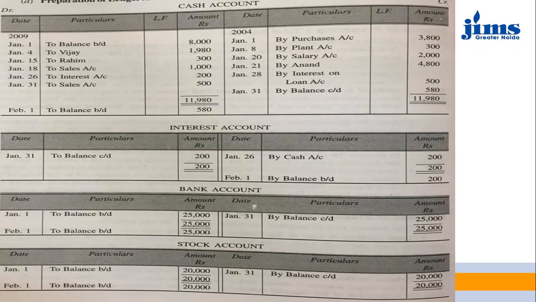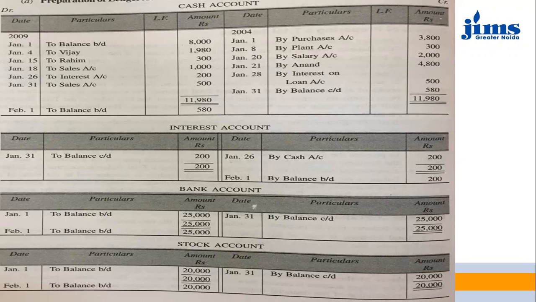There is one entry here on 31st January, by balance carried down. Forget about this entry for now; it is made after balancing. Just focus on the entries on the debit and credit sides of the cash account, other than this by balance carried down.